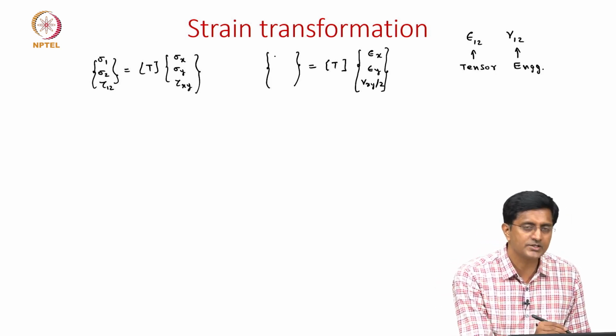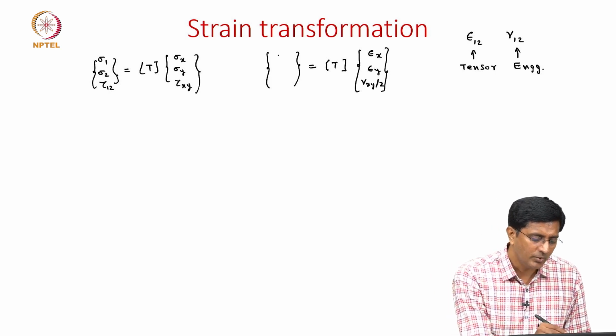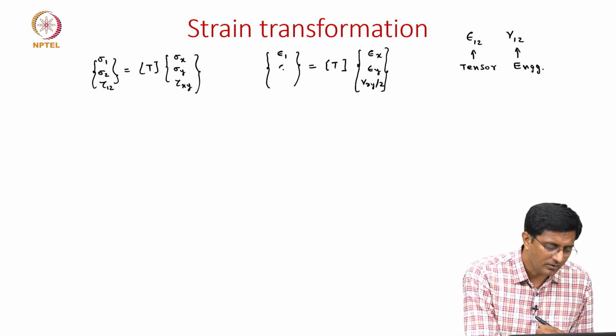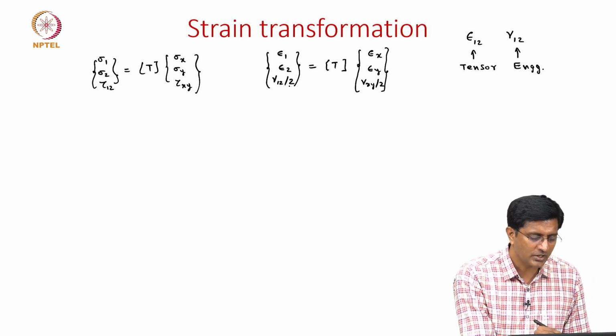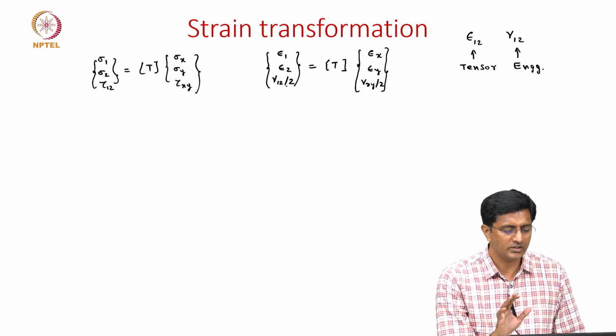Similarly, let us write the strains in material coordinates. It will be epsilon 1, epsilon 2 and gamma 12 by 2. Since I have taken the half, it is again a tensor quantity.